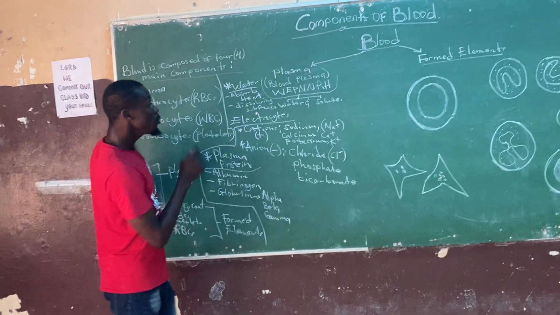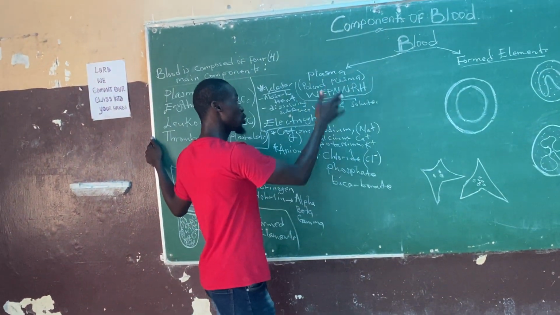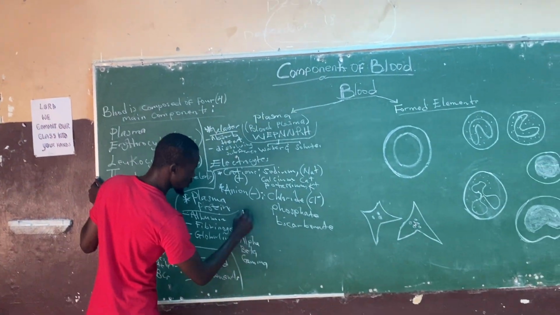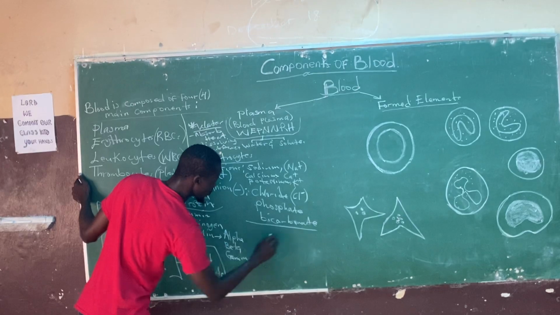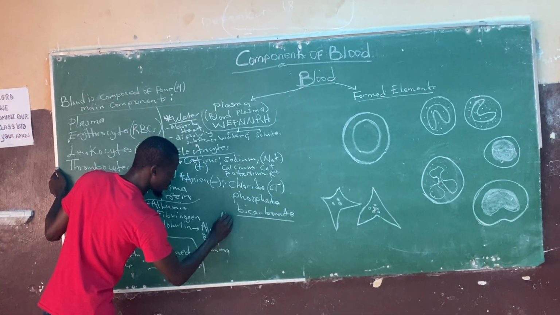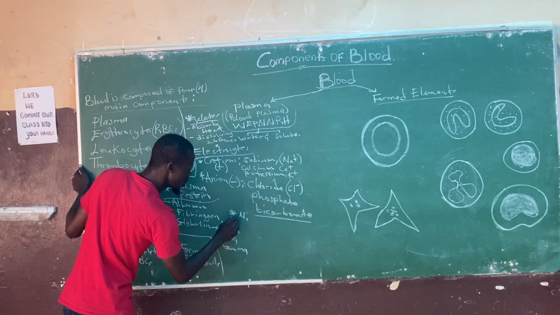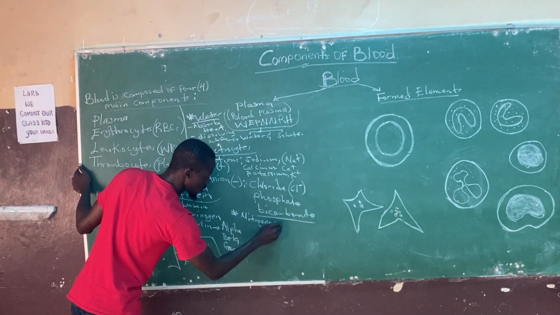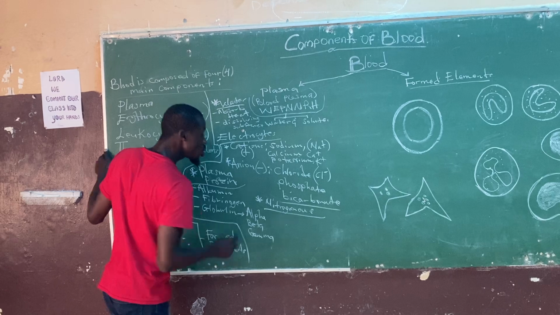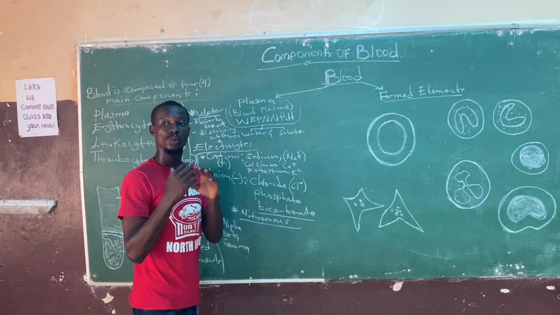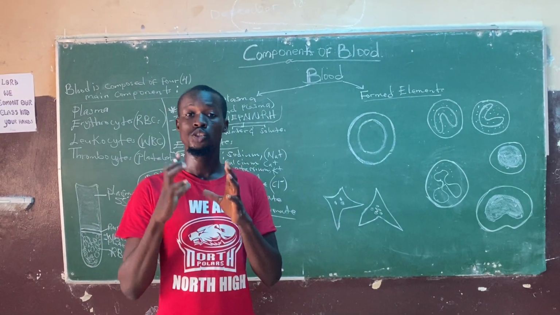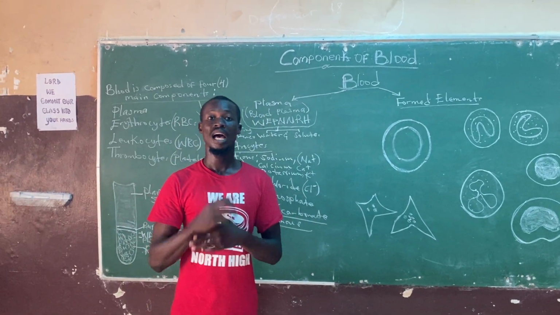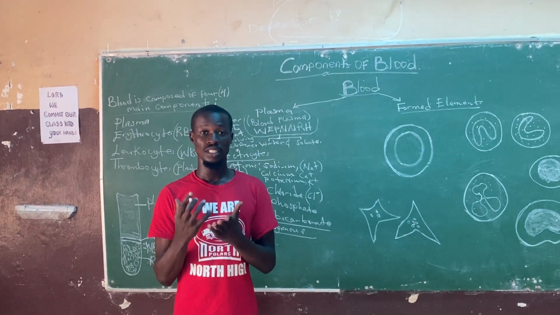All right. Then we have something called the nitrogenous waste. Nitrogenous wastes are waste substances that are produced by the body. For example, muscle has nitrogenous breakdown.